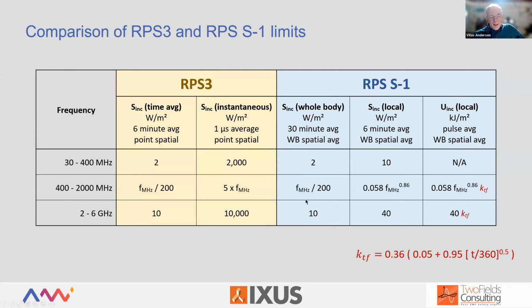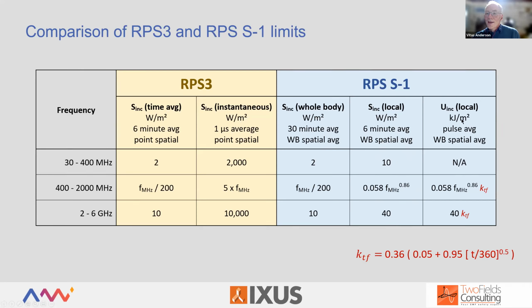So that would mean that you couldn't exceed the whole body average SAR limit. So that means that you could forget about complying with the whole body reference level limits, because you've already satisfied the whole body SAR. In which case, you could use the less onerous local body limits.